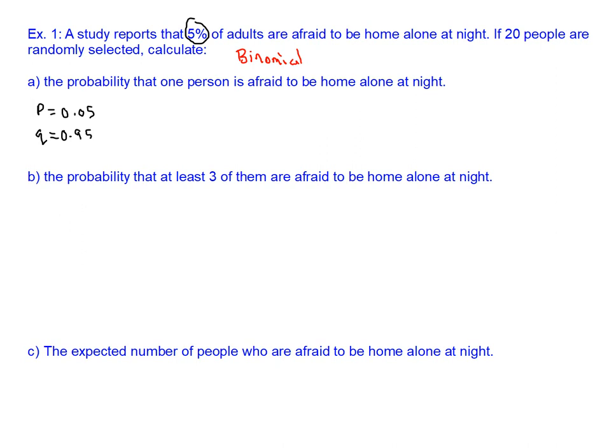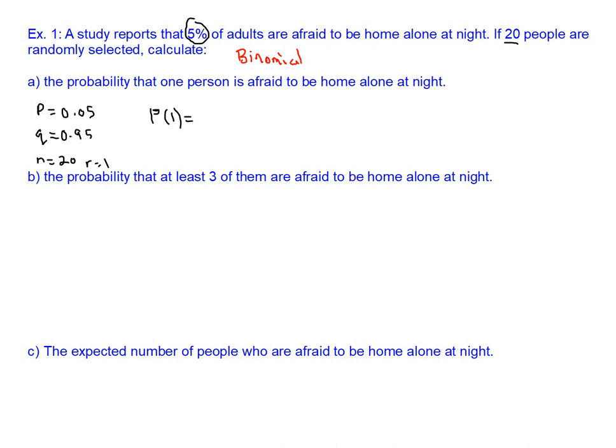So the probability of one person being afraid is equal to the total number of people, n. I should maybe list that over here. N is 20. And r is the number that we want to be afraid, which is just 1.